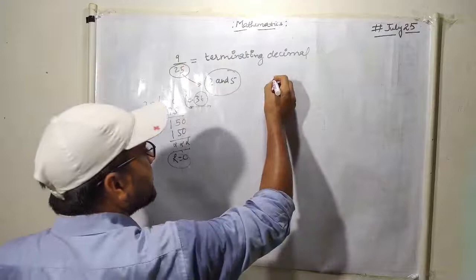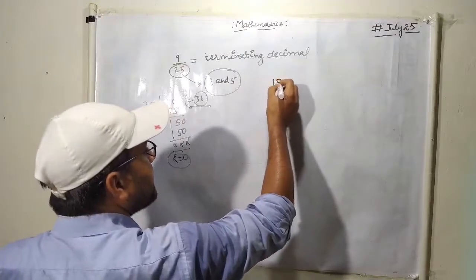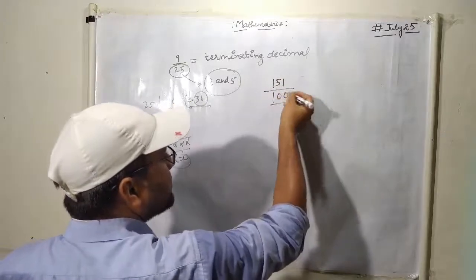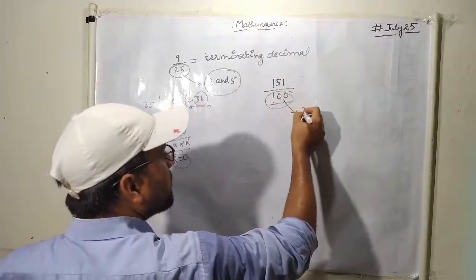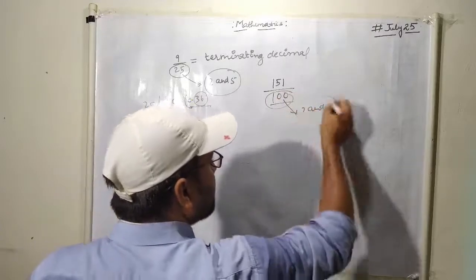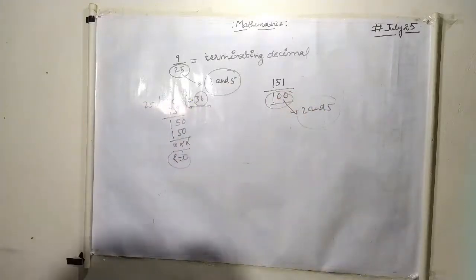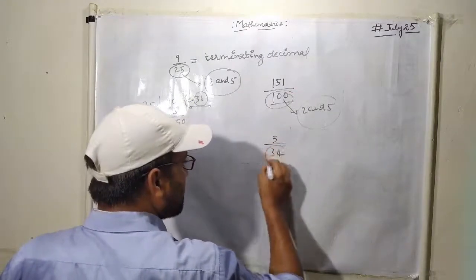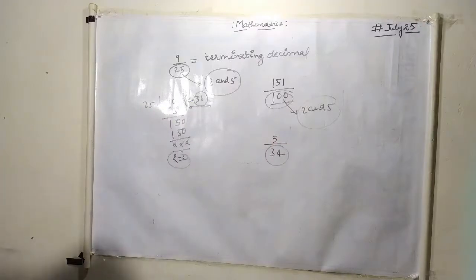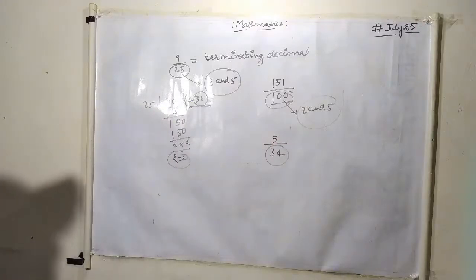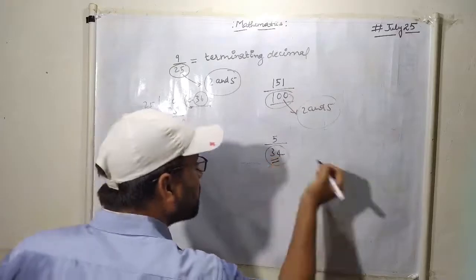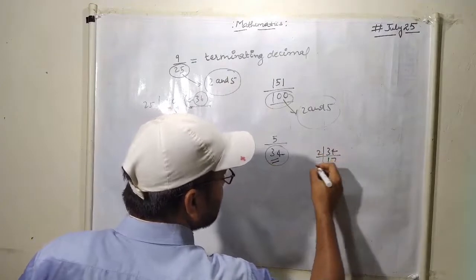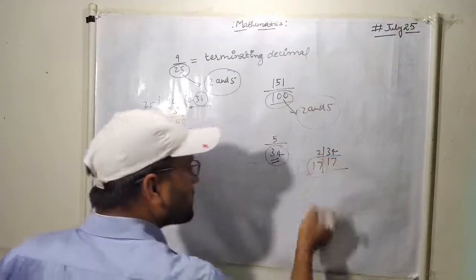Suppose it is 151 upon 100. So 100 has only prime factors of 2 and 5. Then it is a terminating decimal. But suppose you have taken 5 upon 34. Is it terminating or non-terminating? Because 34 is not a factor of 2 only. If you factorize 34, first 2, then 17. 17 is also there.